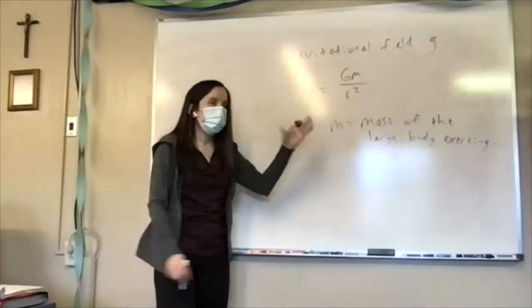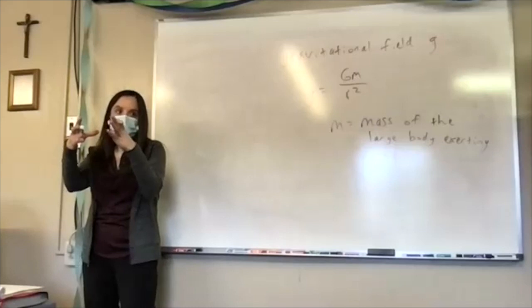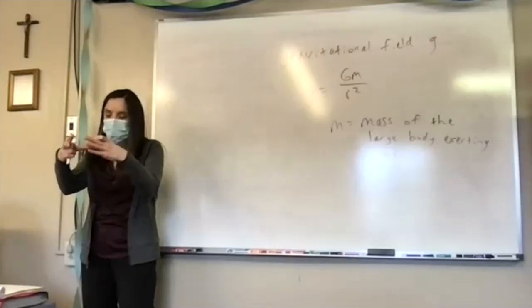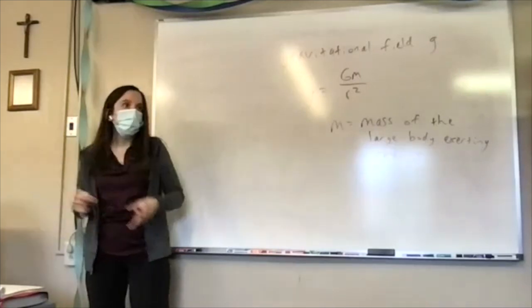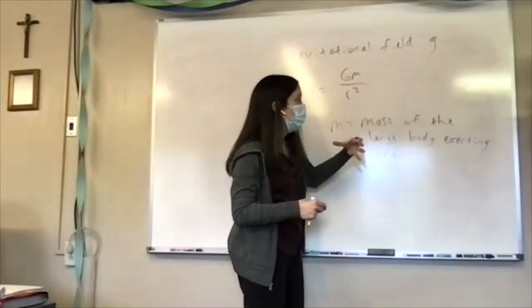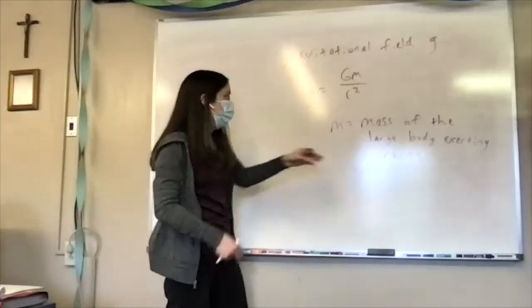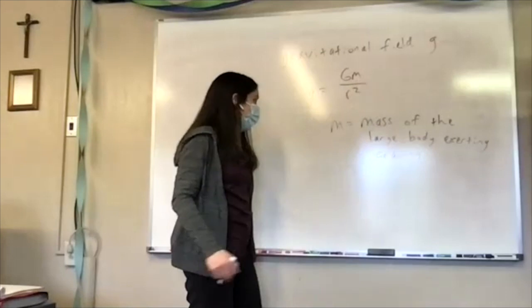Sorry about that. Usually it's going to be Earth, and we'd have, say, a bowling ball as the small object that feels gravity from Earth, but we would use the mass of the Earth here. That would tell you the force that the bowling ball feels from Earth. It would be the mass of the Earth you put in here, not the mass of the bowling ball.